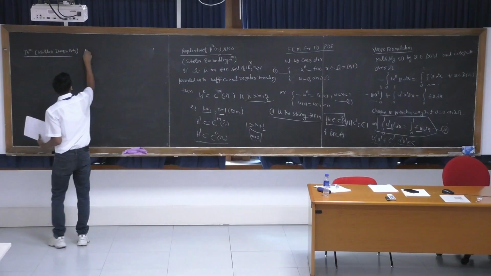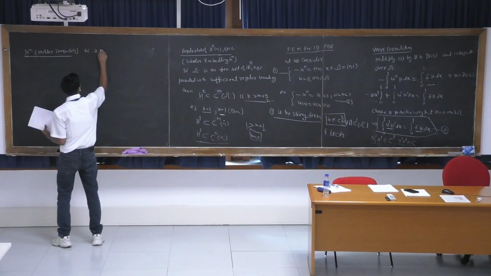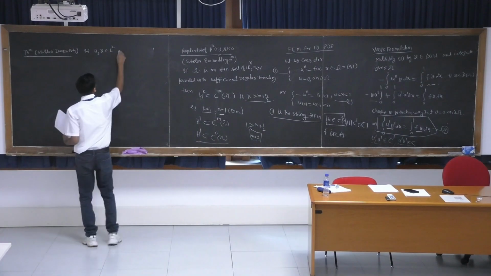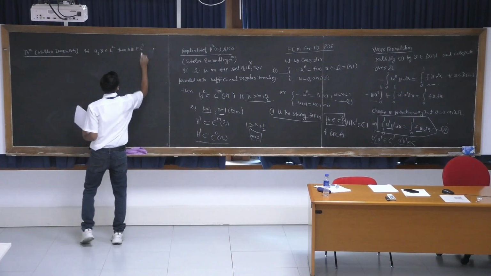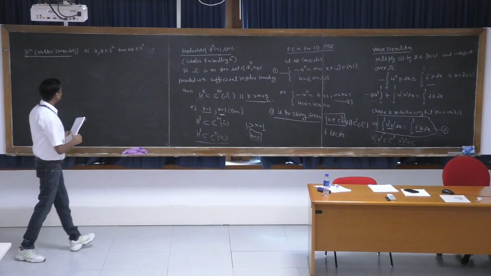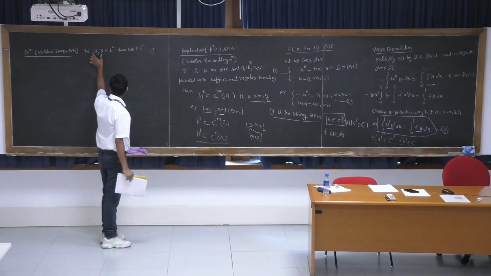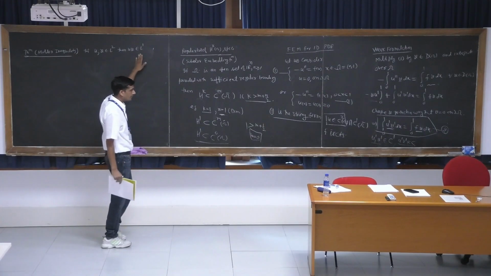What this says is, if u and v belong to L2 space, then u times v belongs to L1 space. So if we have two functions u and v from L2, then their product is from L1.